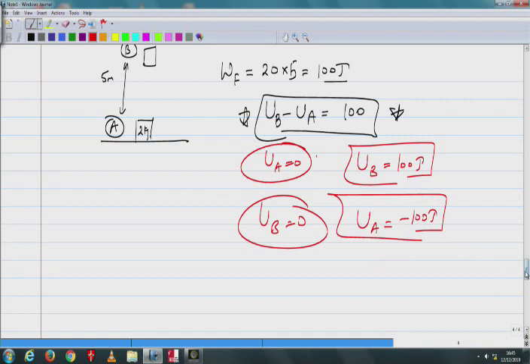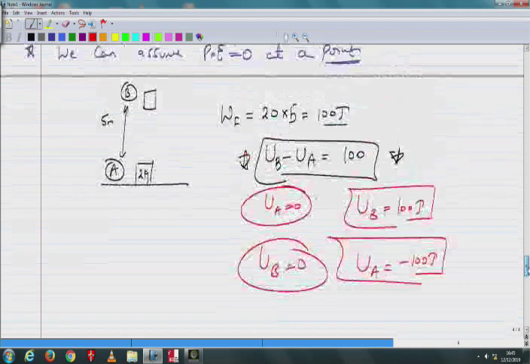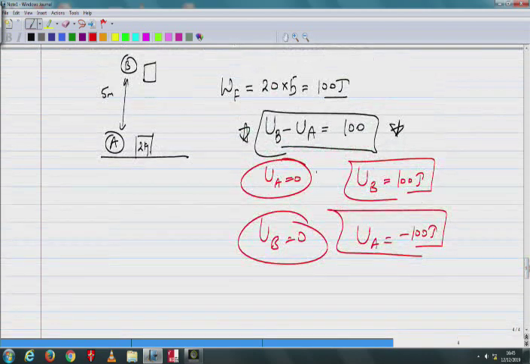So I will write the next point. I hope this is clear to all of you. Is it clear to all of you, Shillong, Jia, that we can only define the potential energy difference and potential at a point can be taken as 0? That's it. And we call that point reference.